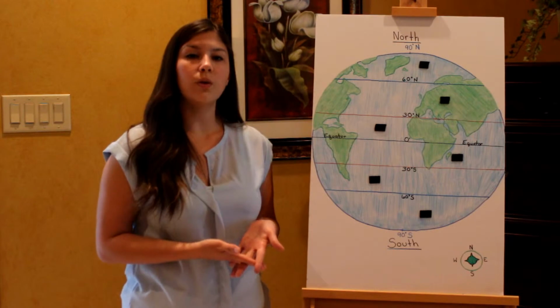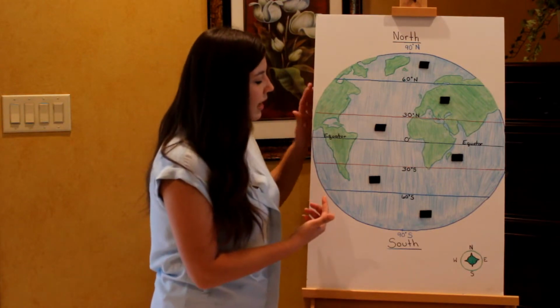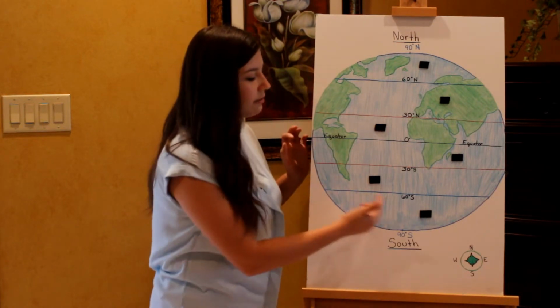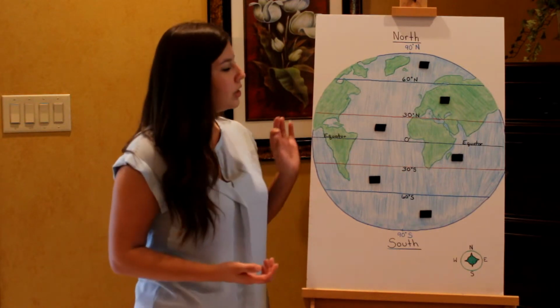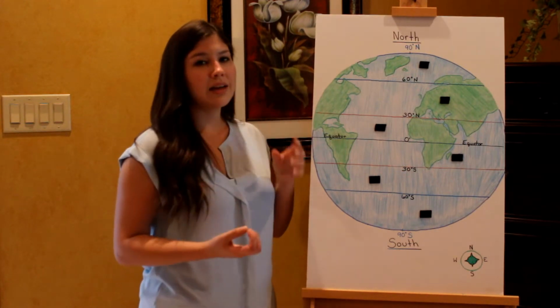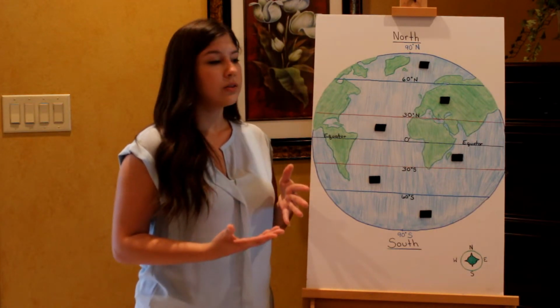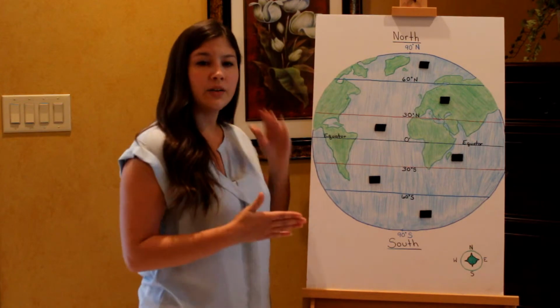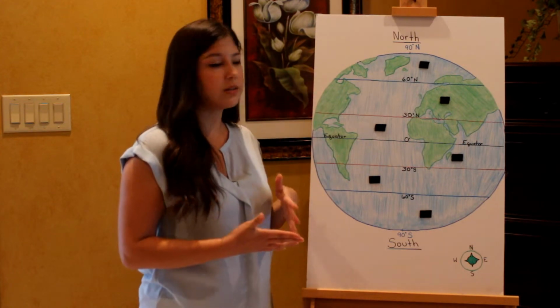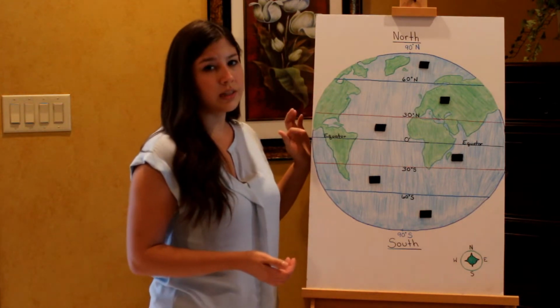So I'm sure you've noticed that we have some lines on either side of the equator running left to right. These are the lines of latitude. Each line of latitude has its own degree. So as you can see, the equator, which is the midline dividing the northern and southern hemispheres, is actually at 0 degrees.